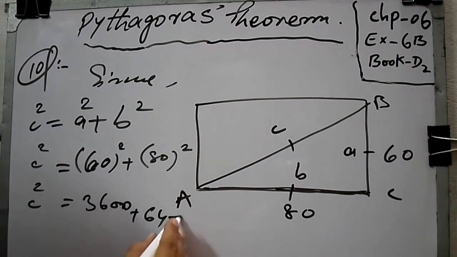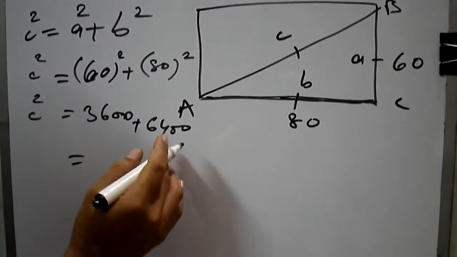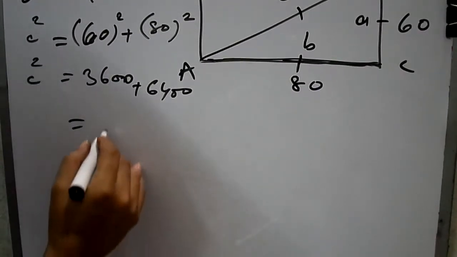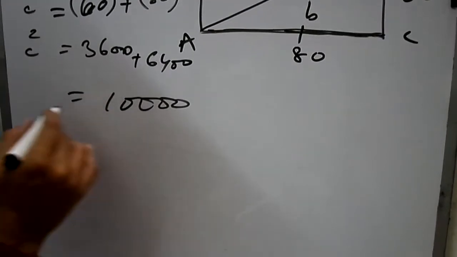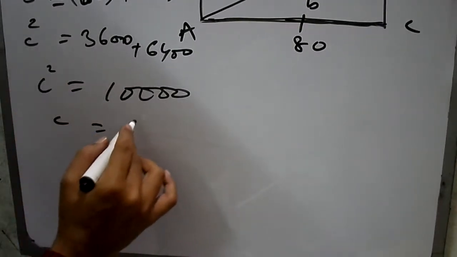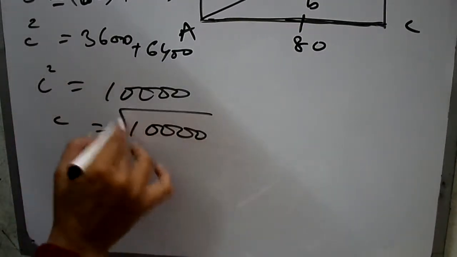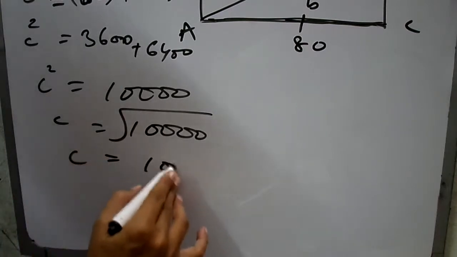You need only c, so root of 10,000, so the value of c is 100 meter.